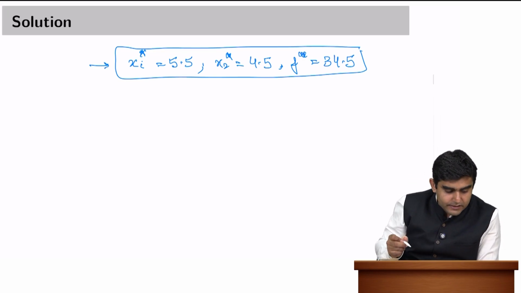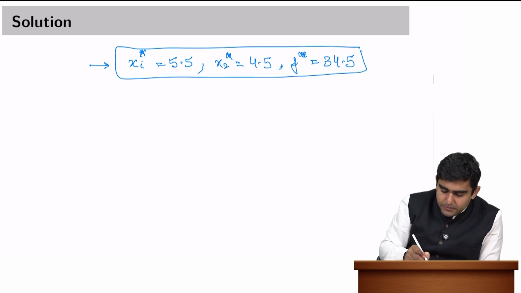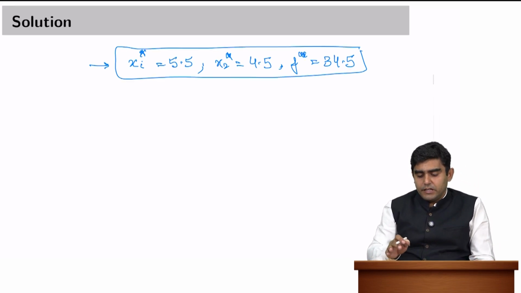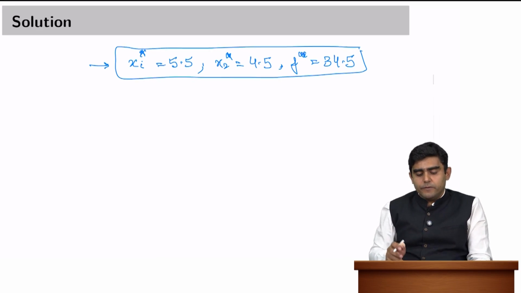Now if this is clear, do you see the problem here that x1 is equal to 5.5, x2 is equal to 4.5 and f star is 34.5. Neither x1 star is integer nor x2 star is integer.